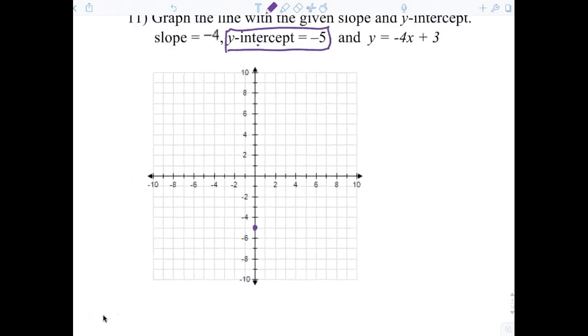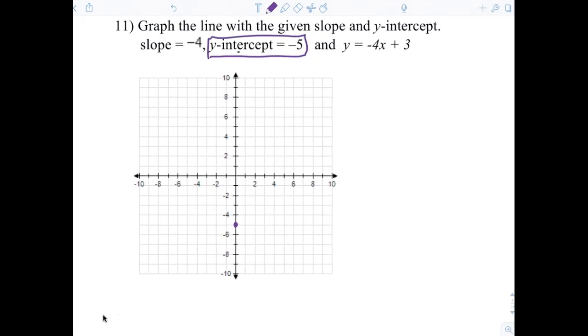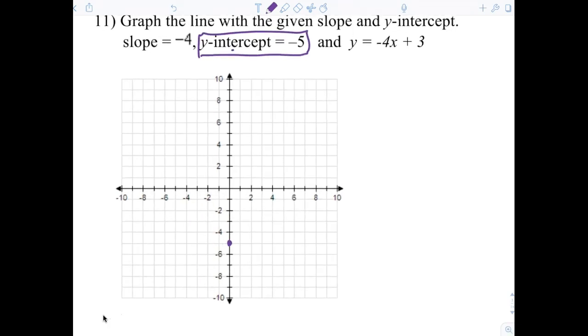What's the slope? Slope equals -4. Make it a fraction over 1. Is it over +1 or -1? +1. Because if it was over -1, then the slope would have been positive. Right?